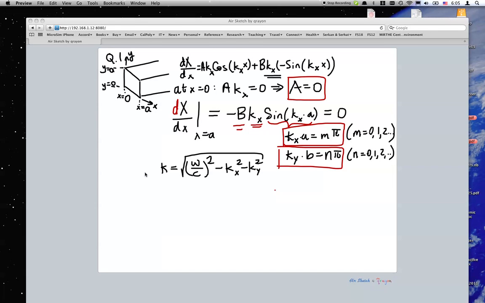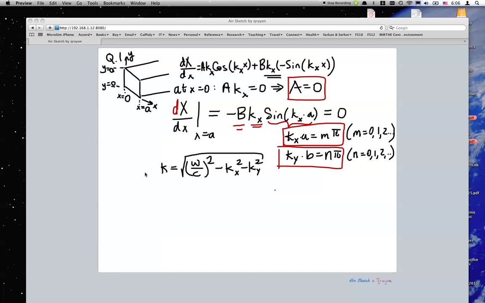Now, this has to be real, all right? So that means within the square root, we need to have a positive number. So for that, we can get a condition for omega for any propagation vector. For any m and n that we can pick, say m equals 1, n equals 0, I can do that.